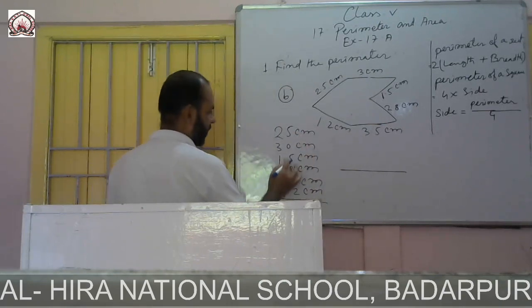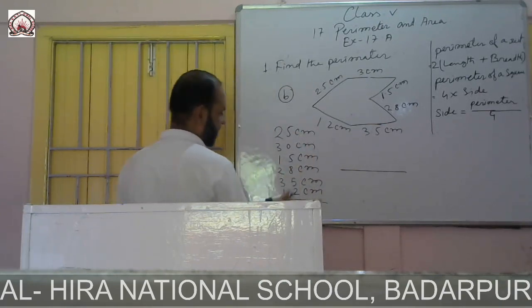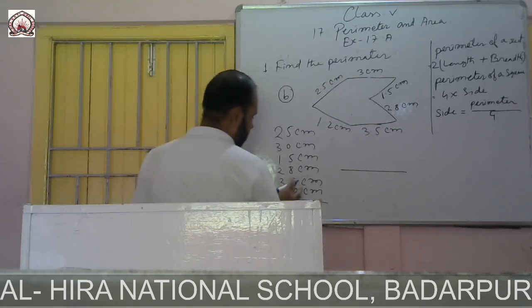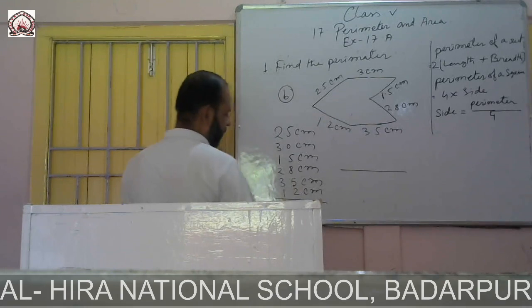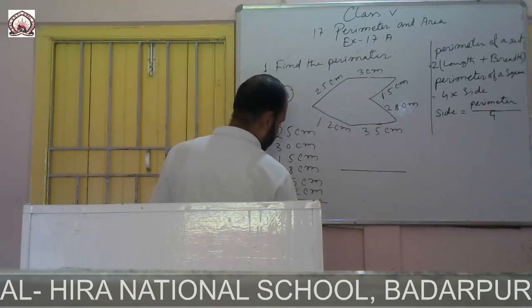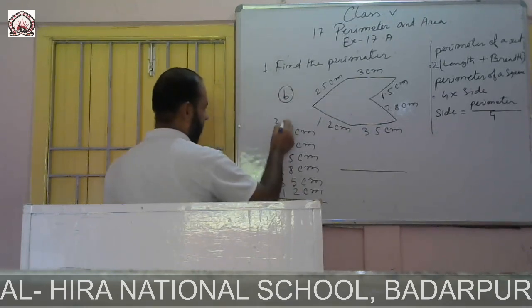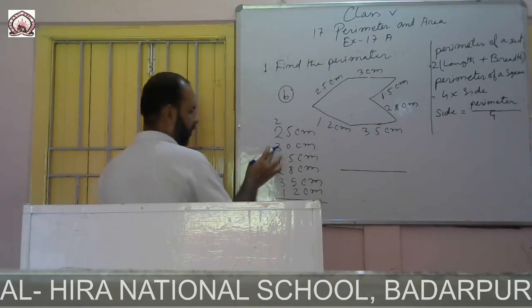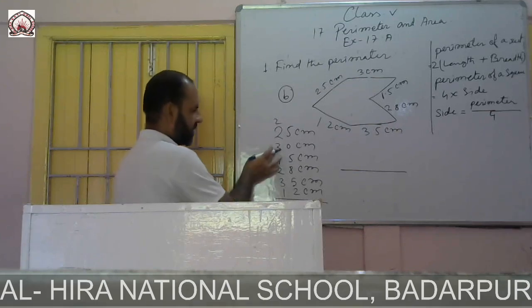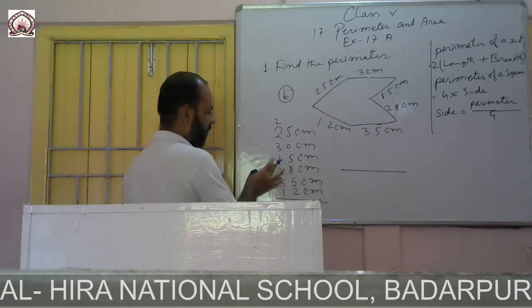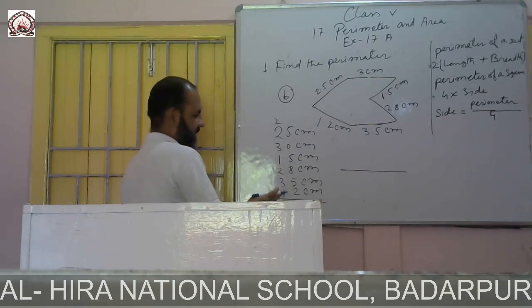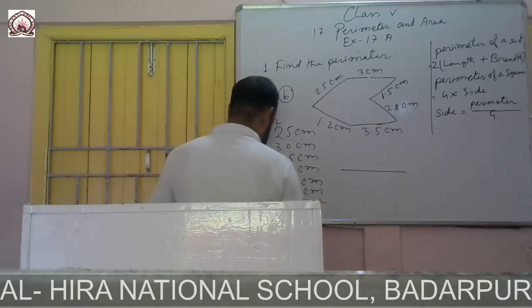So 5 plus 5, 10, 10 plus 8, 18, 18 plus 5, 23, and 23 plus 2, 25. 25, 5, 2 in my hand, 2 plus 2, 4, 4 plus 3, 7, plus 1, 8, 8 plus 2, 10, 10 plus 3, 13 plus 1, 14. 14.5 centimeter.